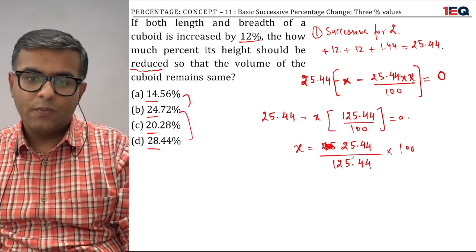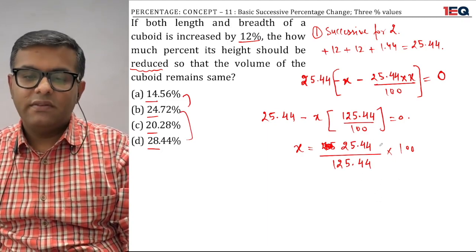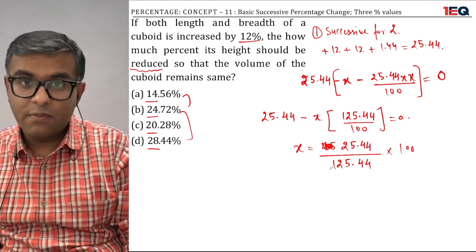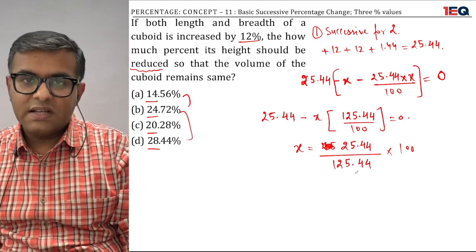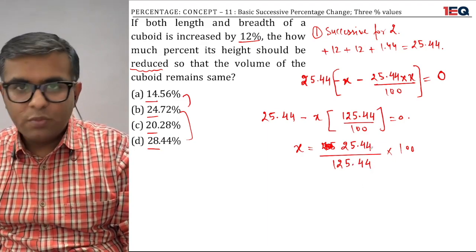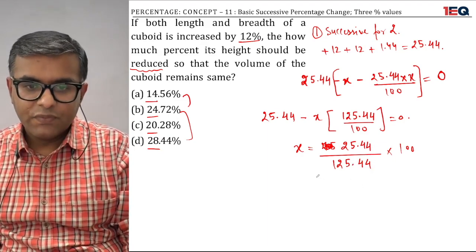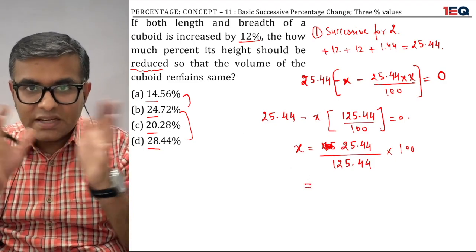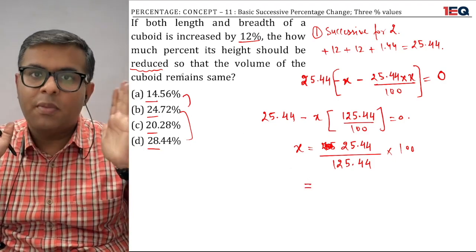Okay, I'll tell you how. If I start cancelling with 2, it's gonna take me a lifetime, or maybe it's gonna be a nightmare for so many of you if I start cancelling it down with 2. So I'm assuming that there is nothing in the decimal. You can do this provided the options are distinct and the options are far apart.